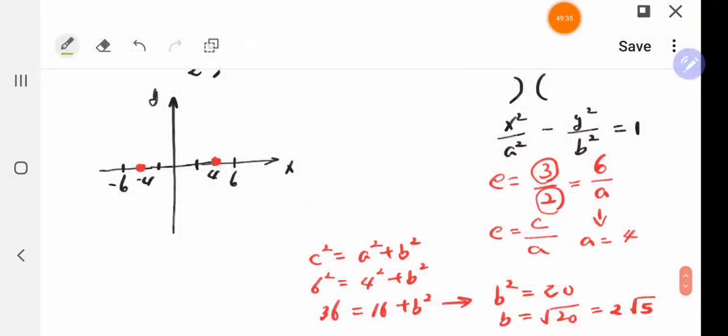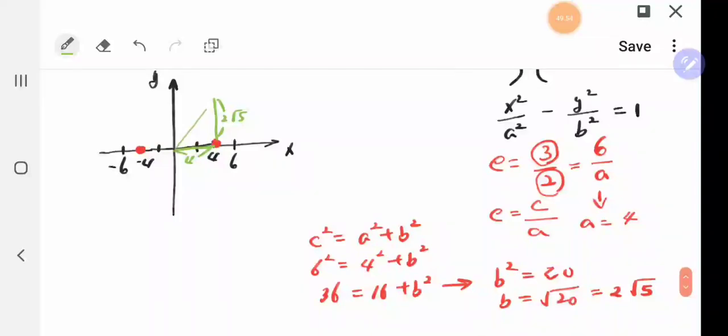Okay, so this is A. Let's draw a triangle. This is 4, and the B value is square root of 20, so 2 square root of 5. Then this will be the value C, which is 6.